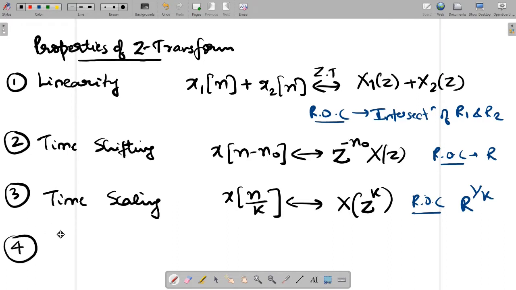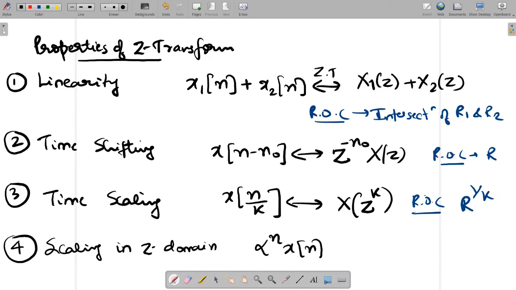Fourth property is scaling in z domain. Alpha raised to n times x of n has Z transform x of z by alpha. And the ROC for this case is mod alpha times r. R is the original ROC of x of n.